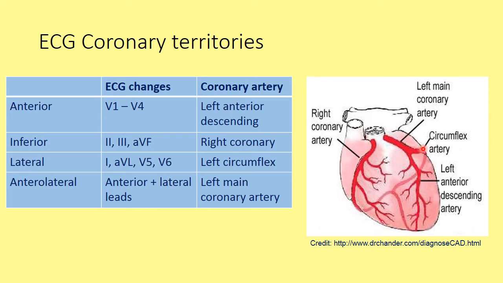The circumflex artery supplies the lateral aspect of the heart. You can see from this diagram it's going to the side, and then the left anterior descending artery supplies the front. And then from this diagram you can see that the right coronary artery supplies the inferior aspect of the heart. So this is just a table showing how the ECG changes correlate to the coronary artery anatomy.